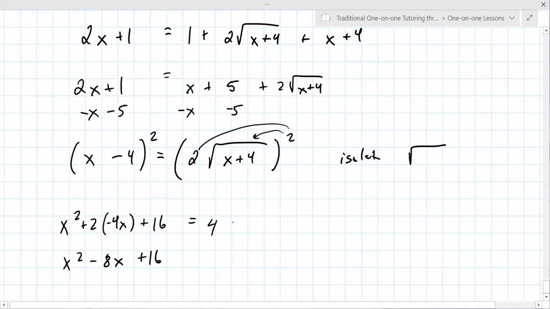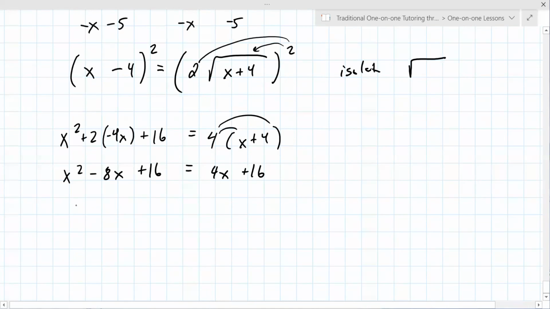So it's 4x plus 4. We'll distribute that to both, 4x plus 16. So you end up getting x squared, because you're going to subtract 4x from both sides, minus 12x minus 16 minus 16, okay, equals 0.